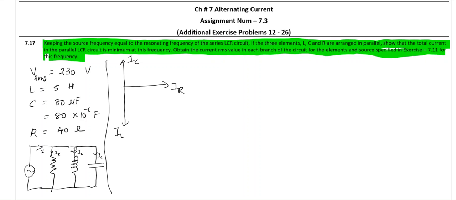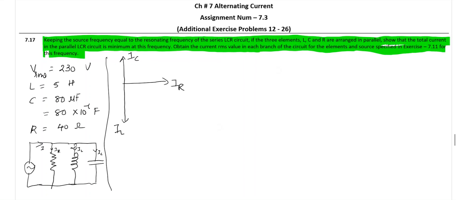So resultant of the IC and IL, if we assume that IL is more than IC, then the resultant can be shown like this. This is IR and let this be IL minus IC, and then I can say that this is the resultant current in the circuit.